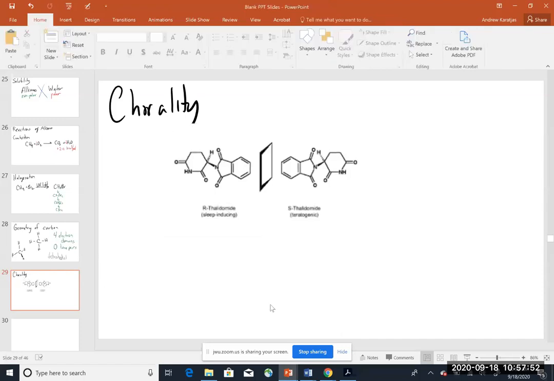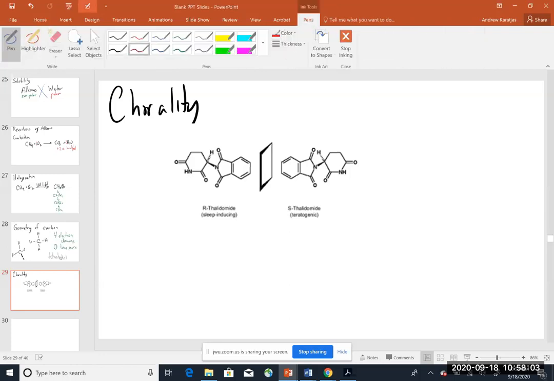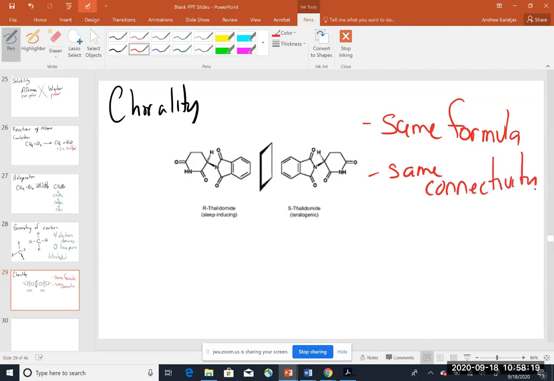So here we've got pictured 2 molecules, and if you look very carefully at their structures, you'll see that they have the same formula, but not only do they have the same formula, they have the same connectivity. So the way that the atoms are connected is also the same.